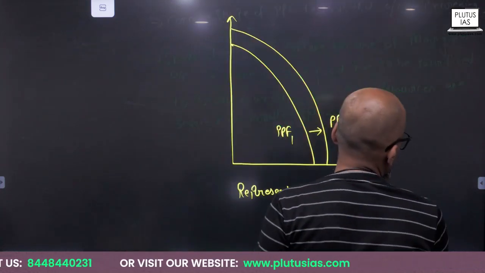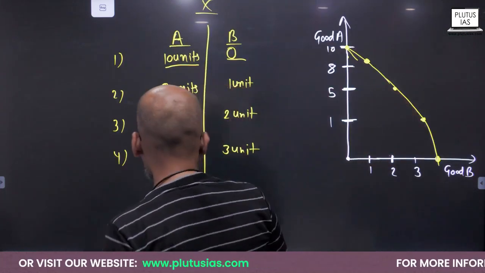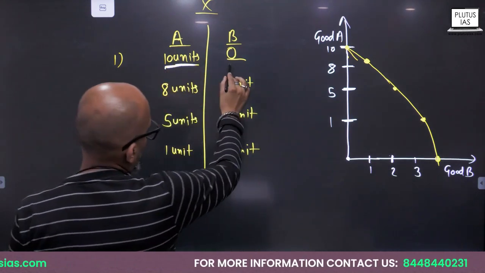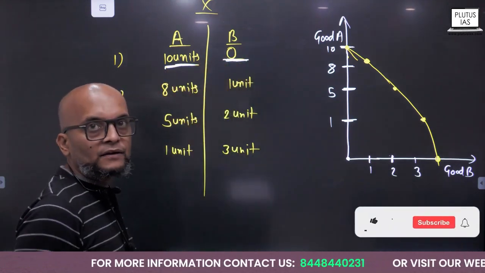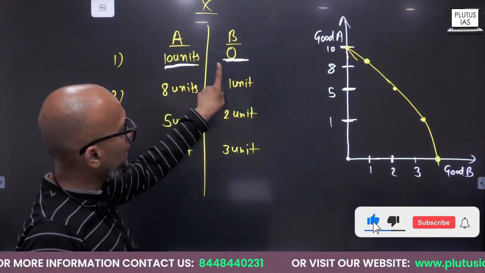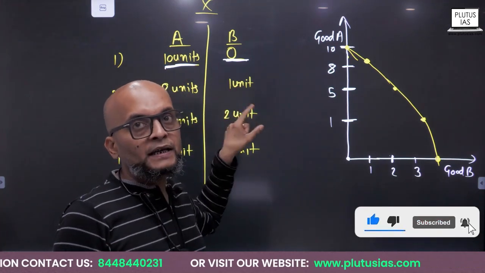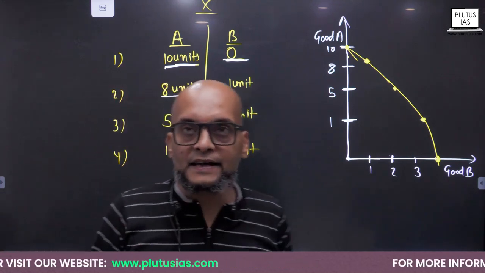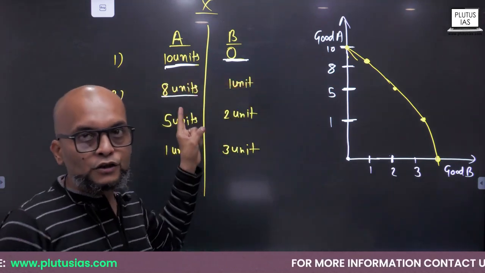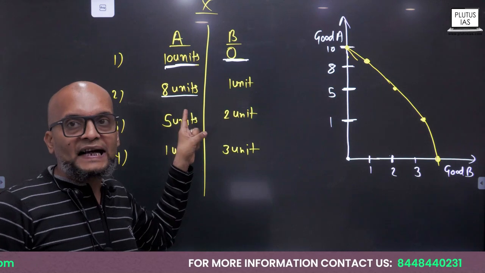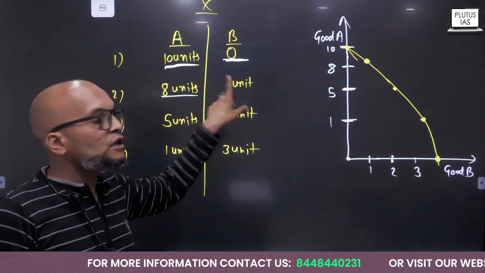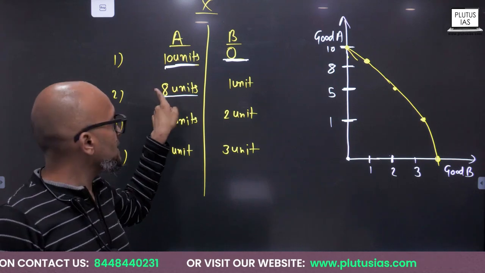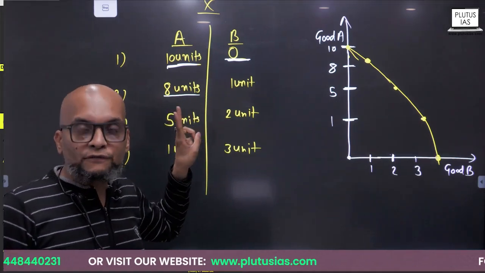What do we mean by opportunity cost is increasing? Pay attention to this example, guys. Initially, there were 10 units of A and 0 units of B, right? When we manufactured 1 unit of B, we sacrificed 2 units of A, yes or no? 2 units of good A were sacrificed to manufacture 1 unit of B. That means opportunity cost in this case is 2 units of A, right?